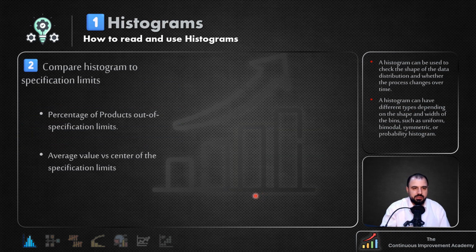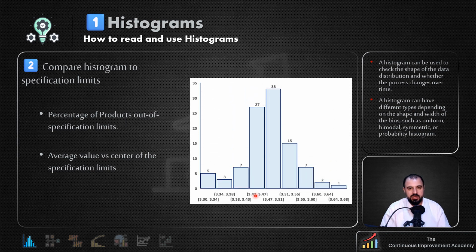So as we just mentioned, we also need to compare our performance to the customer requirements. Okay, so let's look at this histogram again. Now we know from actual customer requirements, agreed with the customers, or the promises, that the specification limits are between 3.28 until 3.6.